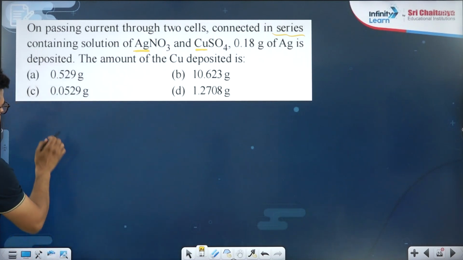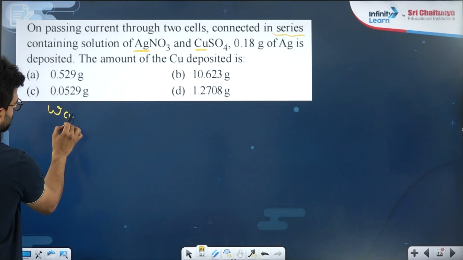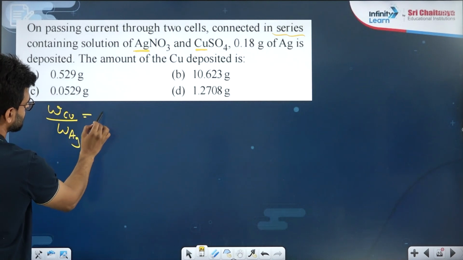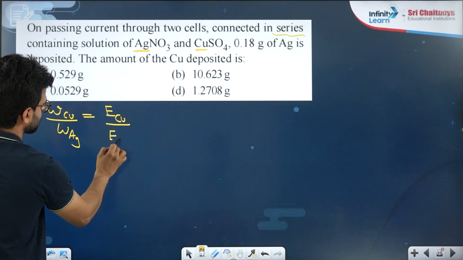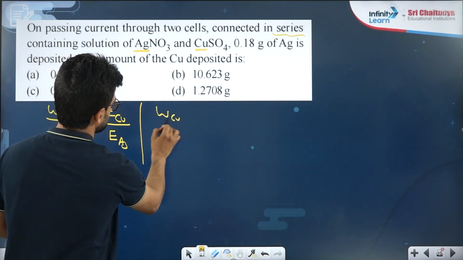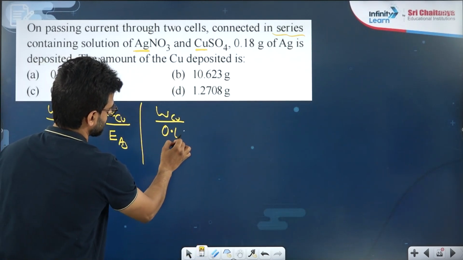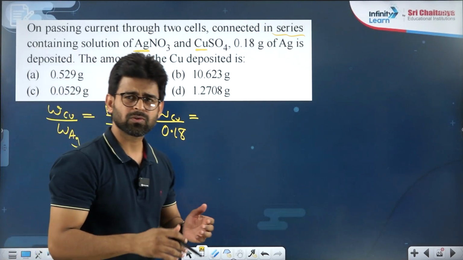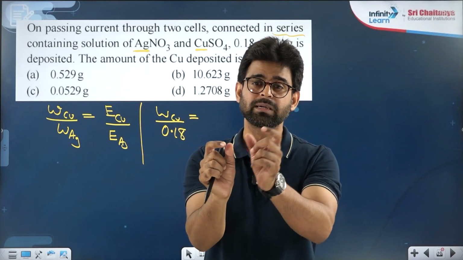Very easy question again. So I will say the weight of copper deposited we have to find. Weight of silver given to us is equal to what? Equivalent weight of copper divided by equivalent weight of silver, right? Weight of copper we have to find; the weight of silver deposited is 0.18, fine, equals to what is the equivalent weight of copper? I told already, but if you don't know, then copper plus 2 takes 2 electrons to become copper.